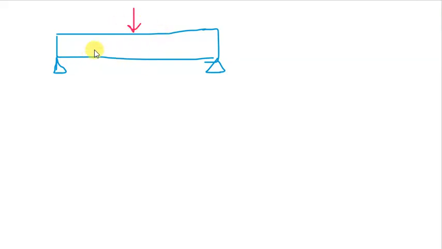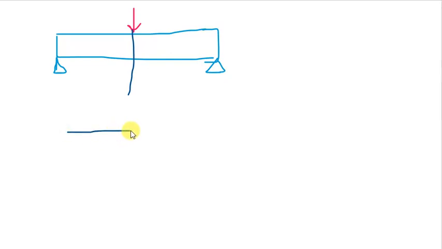What will happen is that this beam will be subject to shear. So if you cut a section through this point where this load is being applied, let me just draw that.